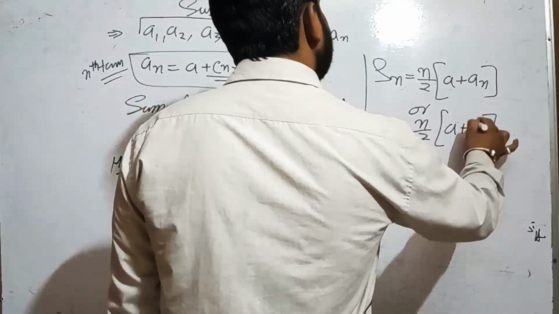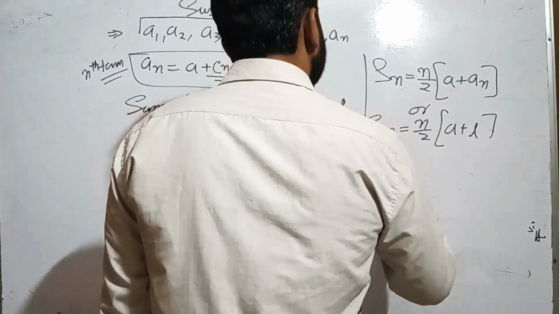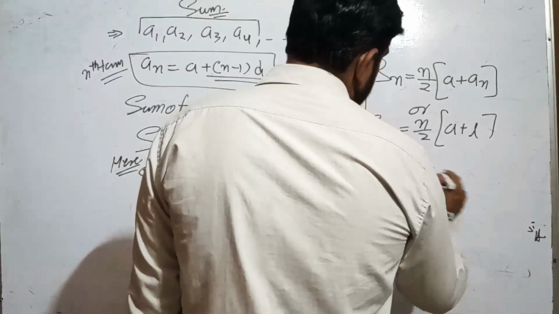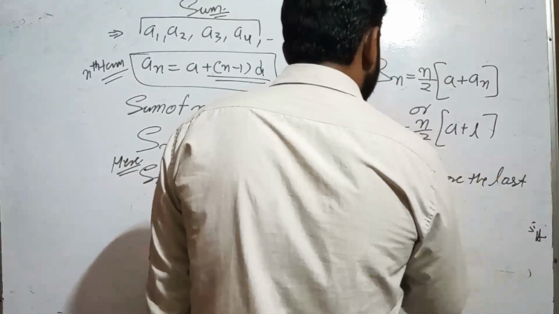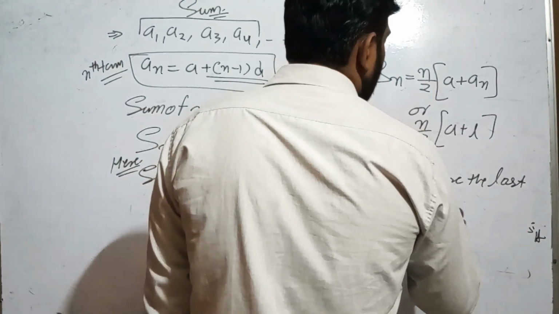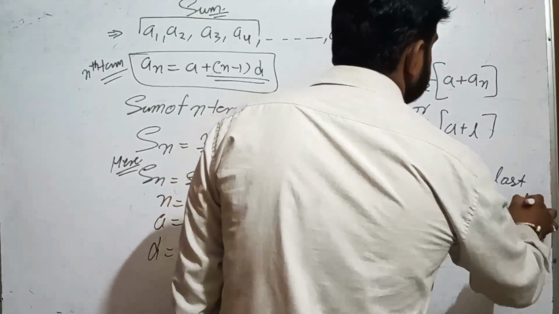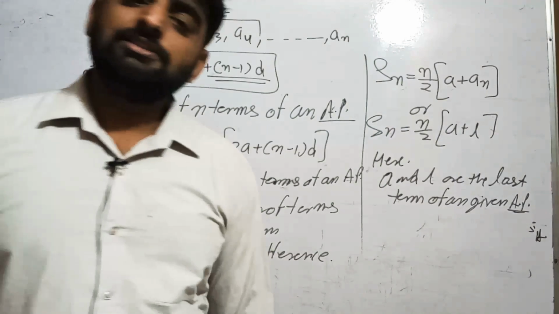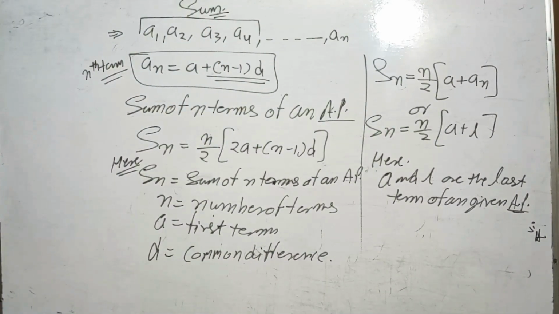Here an and l are the same, and both are the last term of a given AP, students. The last term of an AP is given as an or l.